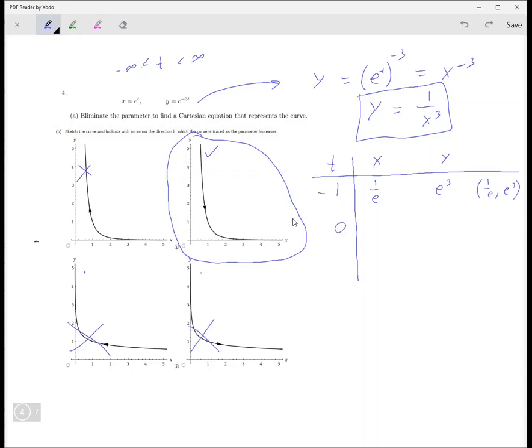And if you put 0 in, then what's that going to give you? 1 and 1. So 1's got to be on there, which is right here. This first point doesn't work out. Okay, so it's got to be this first one. Any questions about that?